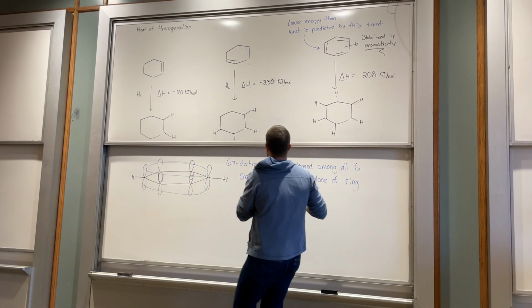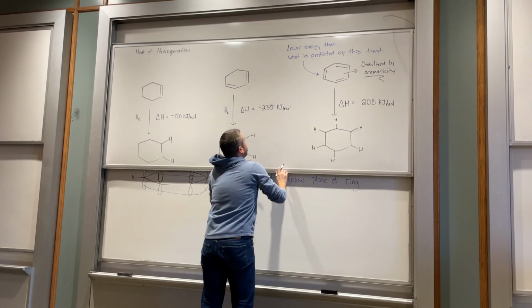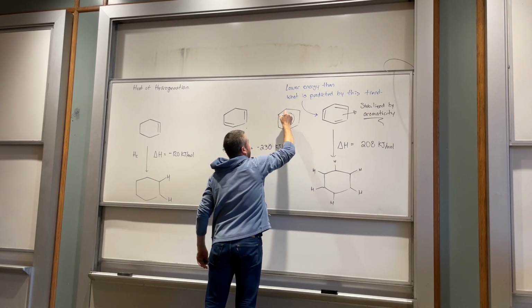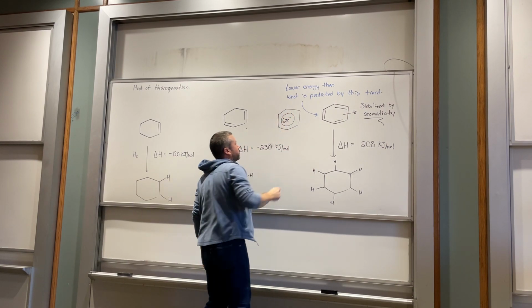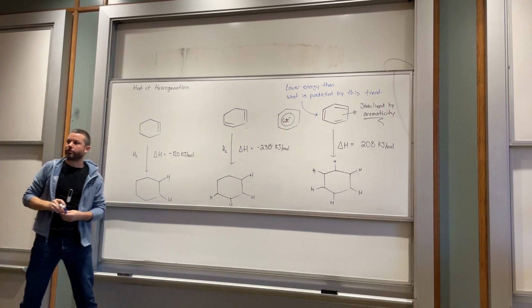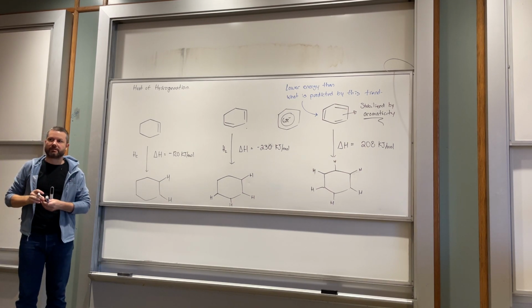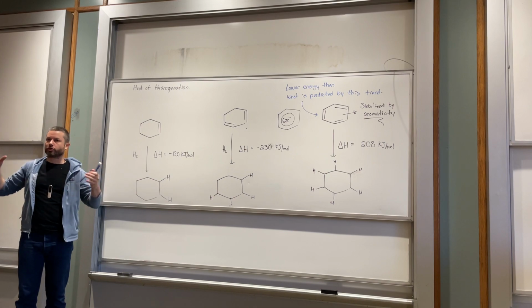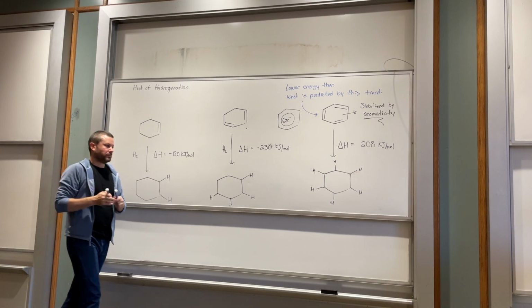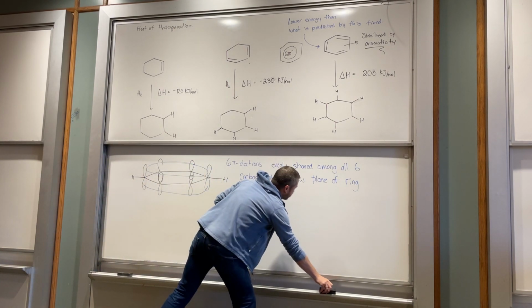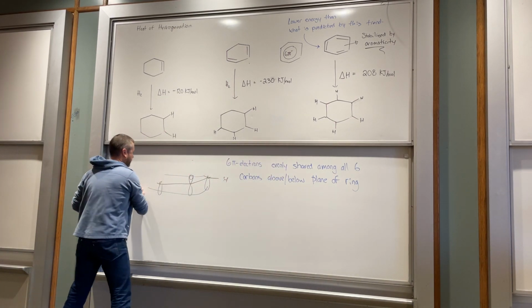A more accurate way of representing benzene would be like that, to show that we have 6 pi electrons. There are no double bonds in benzene, just a larger pi system. For this specific pi system, we can define it as being aromatic.